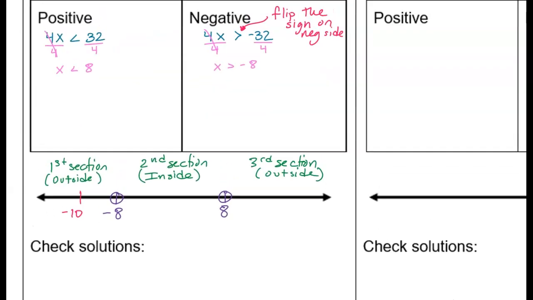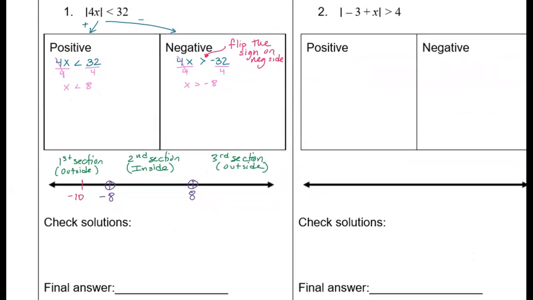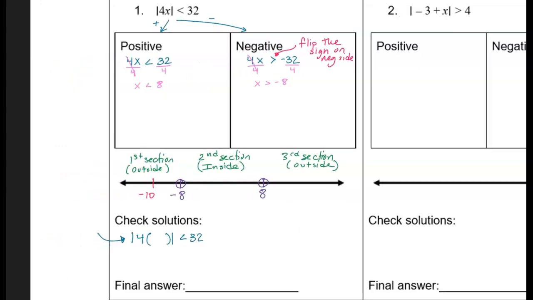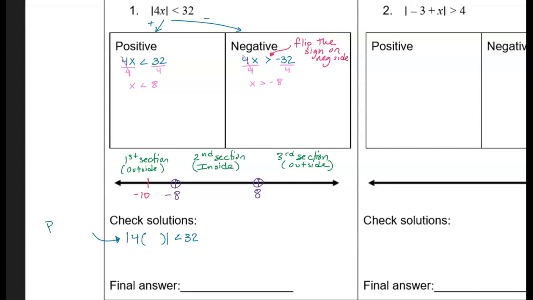Now to check a solution, what you do is you look at the original inequality. Absolute value of 4x is less than 32. And we're going to substitute the random number we chose on the outside for x. Again, we substitute into the original.